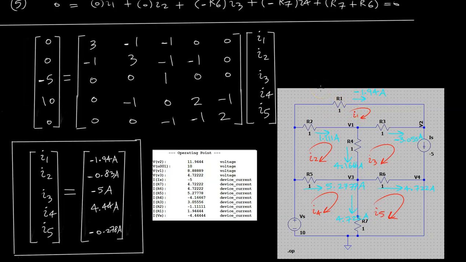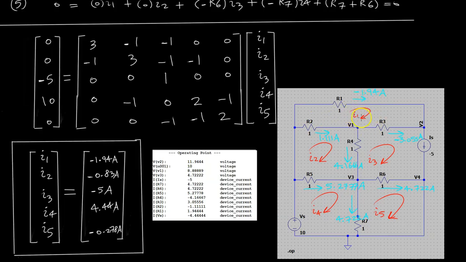is a perfect candidate because you can see that the branch current going through R1 is actually that mesh current as well. So we can see that I1 is equal to negative 1.94, and verifying here we have a 1.94, which is in the opposite direction, and so that's why we have a negative sign.